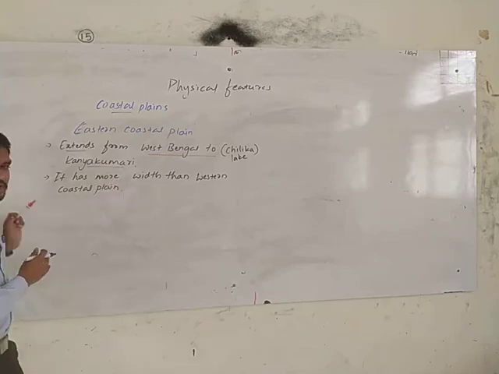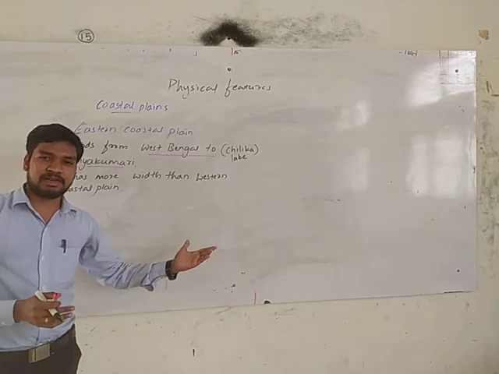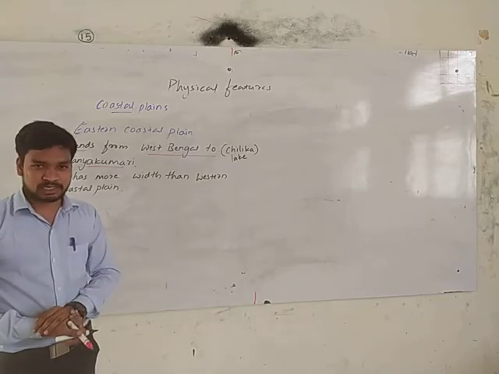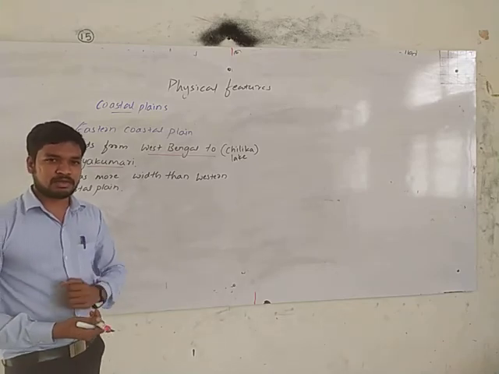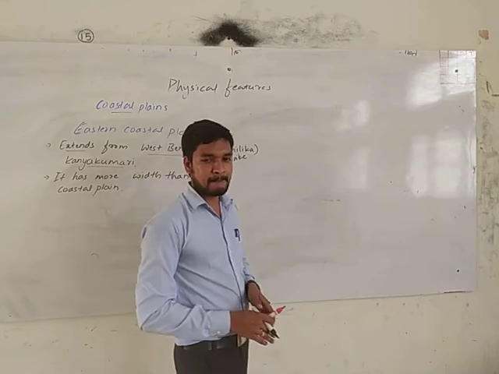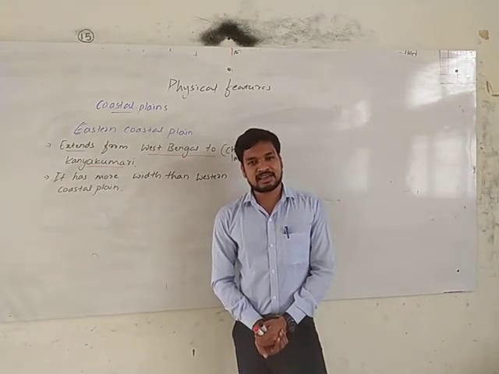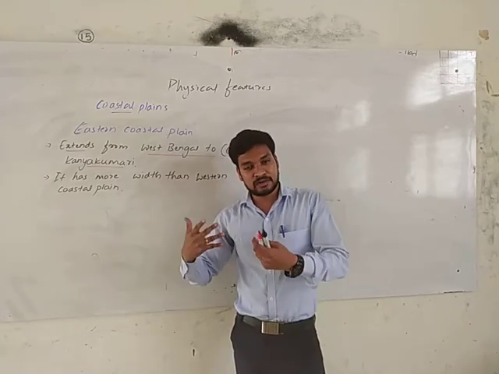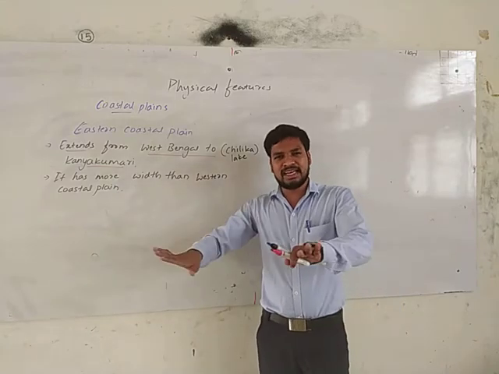What is the main reason for this more width in the plain? Because of the work of water, mainly four rivers. What are those? Mahanadi, Godavari, Krishna, Kaveri. Because of the work of these four rivers, the plain has extended much.